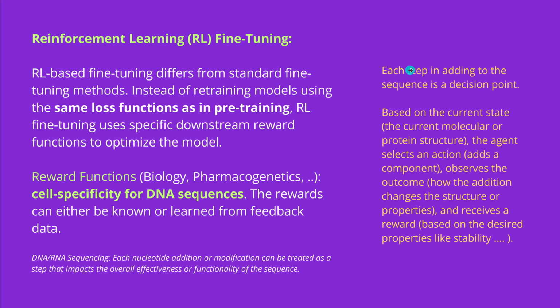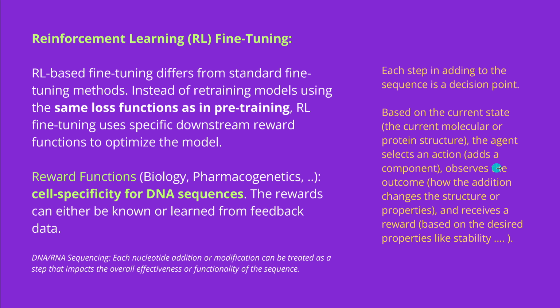So again, based on the current state, and this is now for us a current molecular or protein structure in bioinformatics, the reinforcement learning agent selects a particular action. For example, it adds a chemical molecular component to our protein structure.